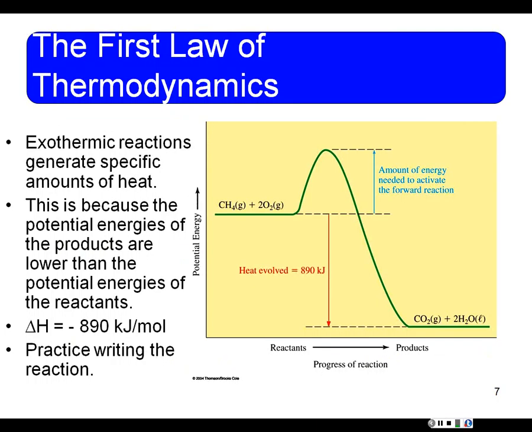So here's the energy, here's our heat energy. If we actually had a value here, when we take the difference, it's going to be 890. If we had a value here, you take your final value minus the initial value, and you would get a negative number. That's because your product is lower in energy than your reactant is.